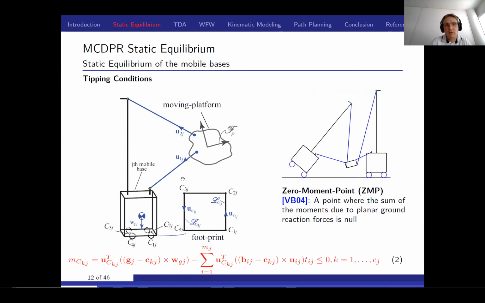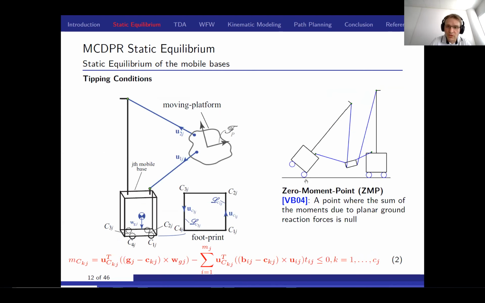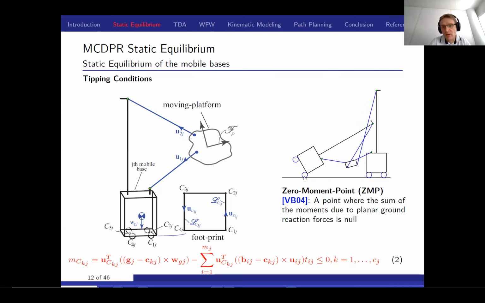And now if we consider the tipping conditions, the mobile base tips as soon as the ZMP of the moving platform is out of the area bounded by the contact points between the wheels and the ground.